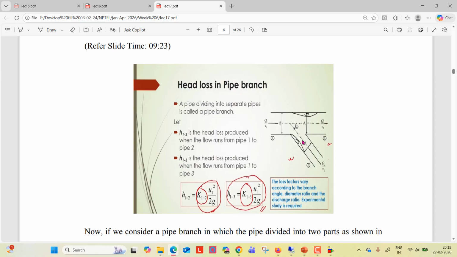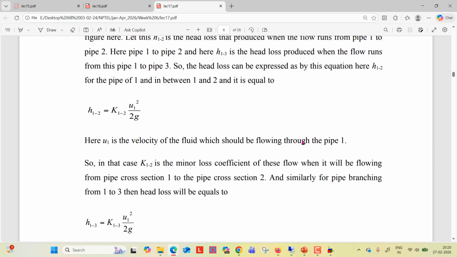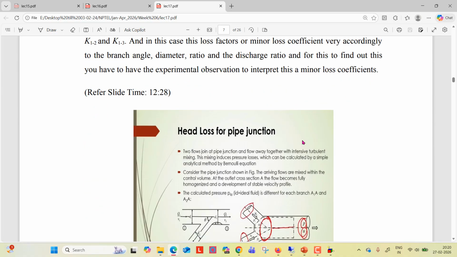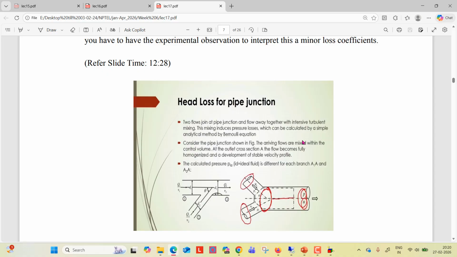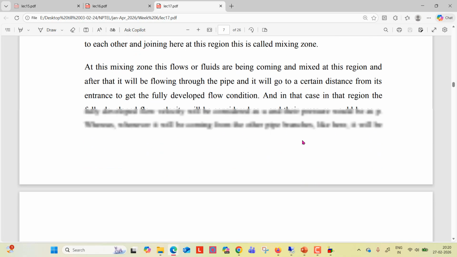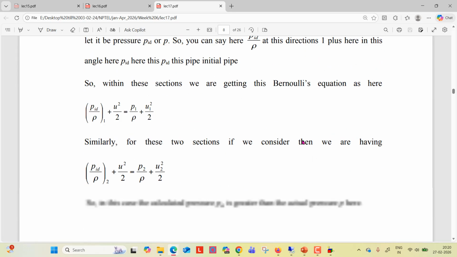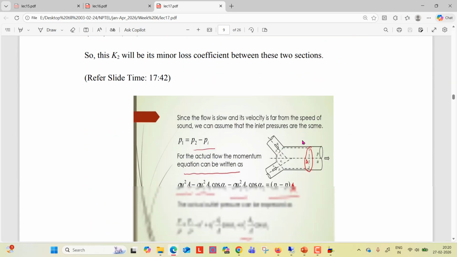So you can see head loss in pipes from 1 to 2 channel and 1 to 3 channel, when the channel is bifurcated. These things are given in a little bit of detail. You can go through it.